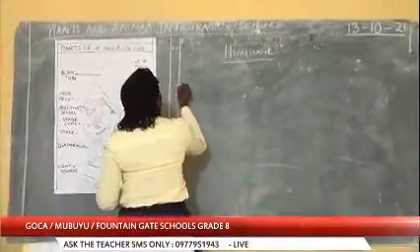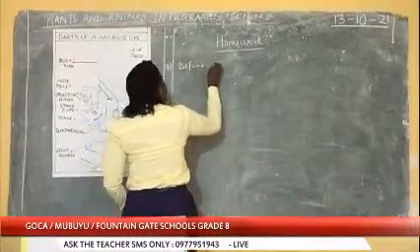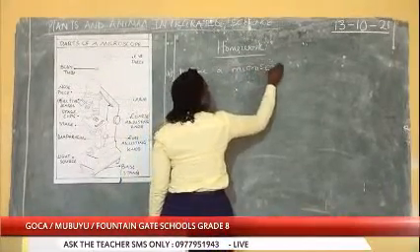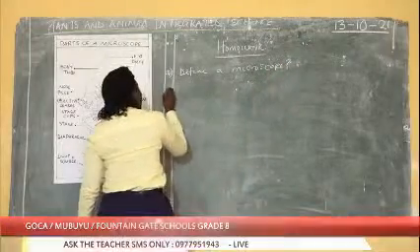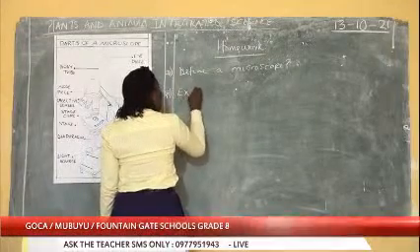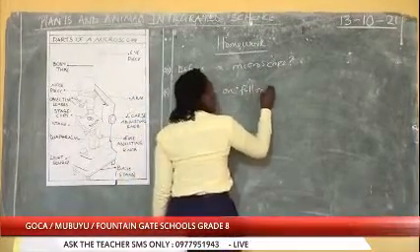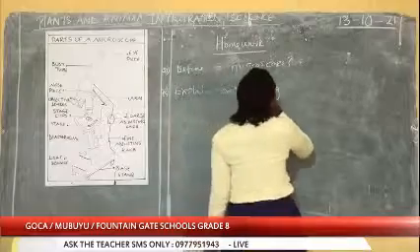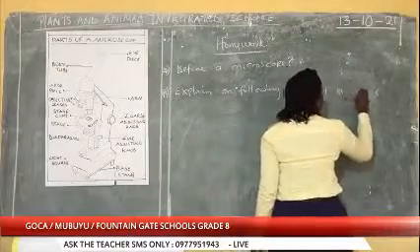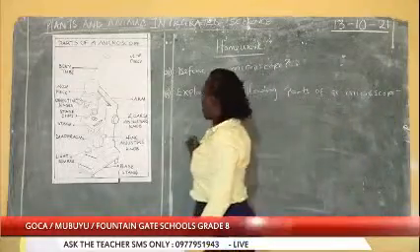Okay, so the first one, question 1 reads: define a microscope. Then question 2: explain the following parts of a microscope. 1.